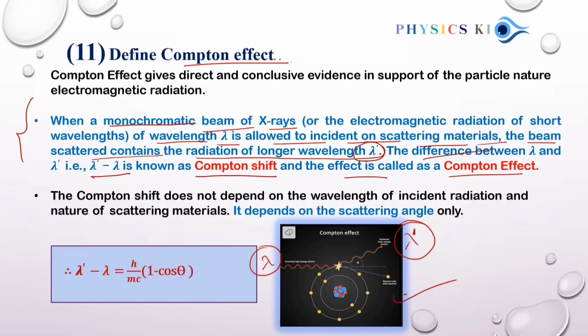Lambda dash minus lambda is h by mc times (1 minus cos theta). Always remember, the Compton shift does not depend on the incident wavelength or the scattering material. It depends only on the scattering angle theta. Clear? So this is all about the Compton effect.